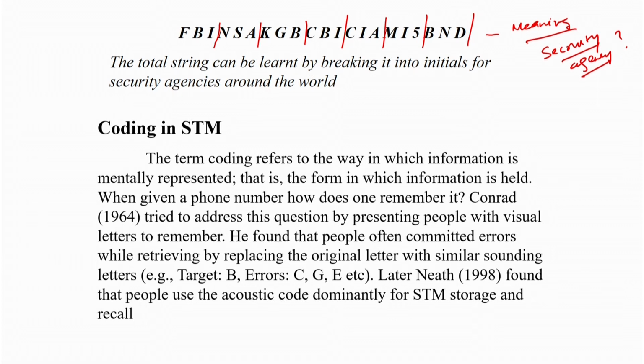Now, the coding in STM generally happens in terms of the acoustic feature, in an acoustic way. Information is mostly held in your STM as an acoustic trace, which basically means subvocal rehearsal, as we discussed in our earlier example, where your friend gave you a number over the telephone and you needed to dial it.